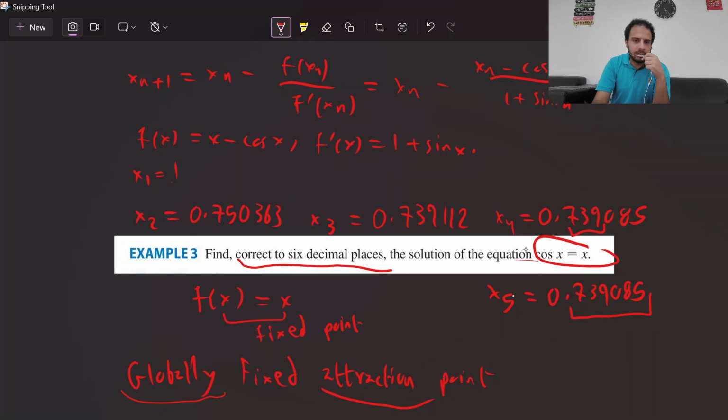But forget about this now because it's not included in your course. I wanted to show you this nice property. Unfortunately now I don't remember the details, so I can't give a complete answer, but it's called a globally fixed attraction point. Let's continue now.